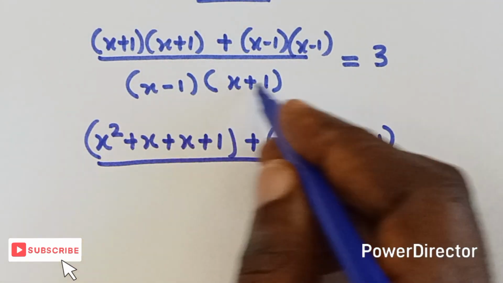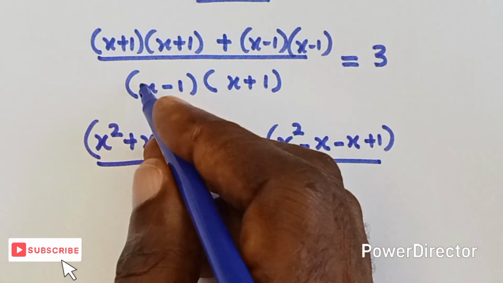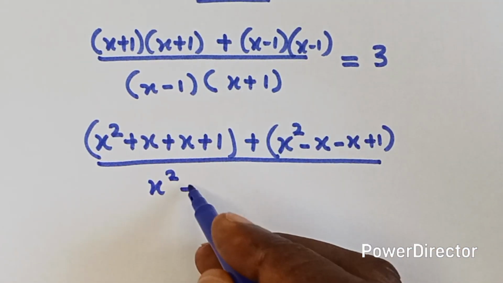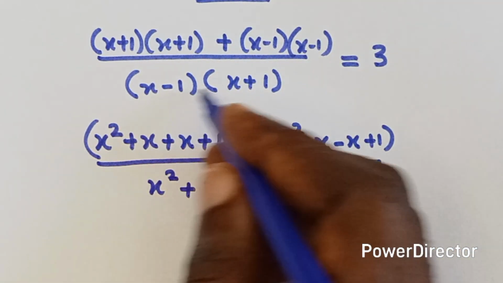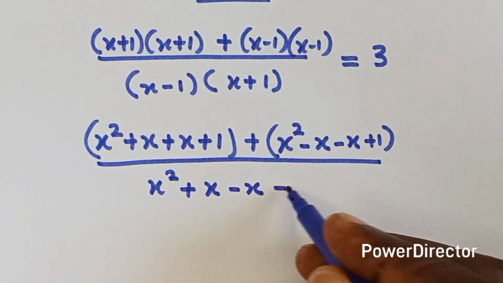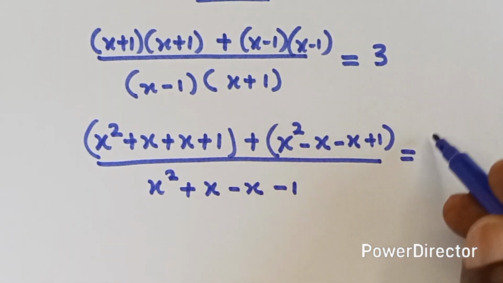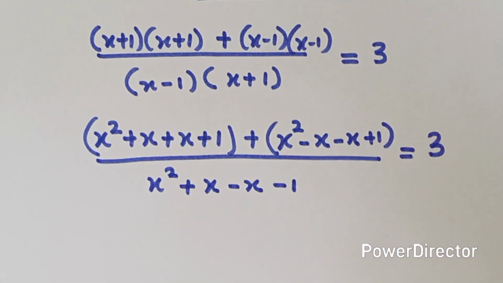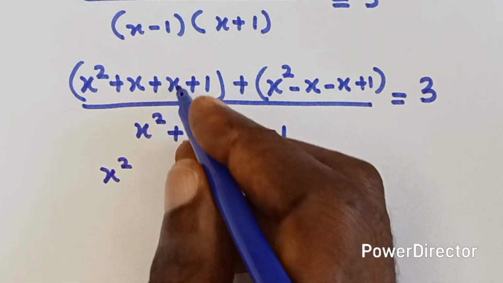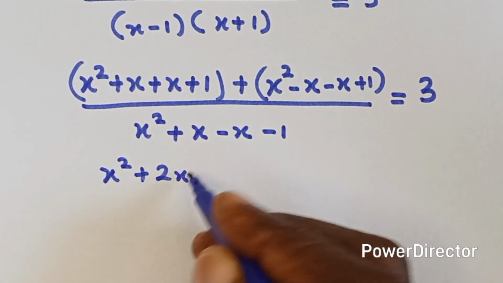Over, this we also multiply: x times x is x squared, x times plus 1 is plus x, minus 1 times x is minus x, minus 1 times plus 1 will give us minus 1, then we have equals 3.